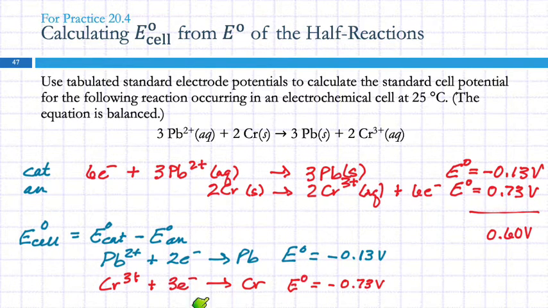And so we're going to take the cathode and subtract the anode. So we're going to take the cathode, the negative 0.13 volts, and subtract the anode, the negative 0.73 volts, and we're going to get 0.60 volts.